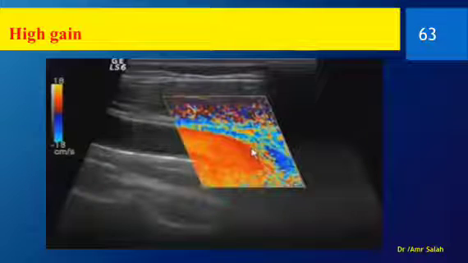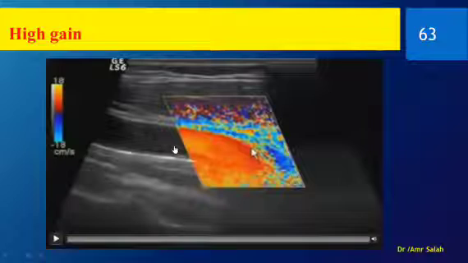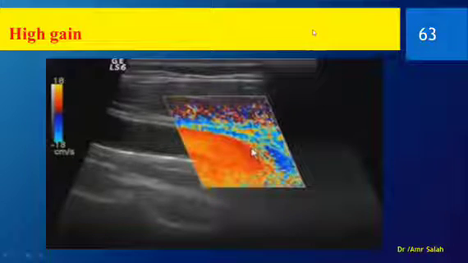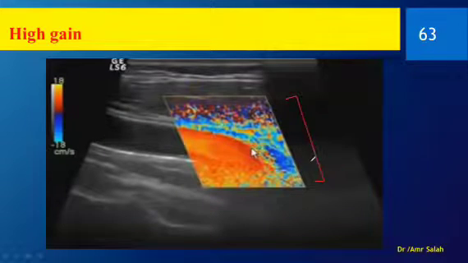Unlike the gain in the B mode, it controls the brightness and the darkness, of course, being only in the grayscale. Here we have the myriad of colors, and the gain controls the intensity of color, but, as I've just said, it controls the color in the whole of your color box as such, not just in your blood vessel.